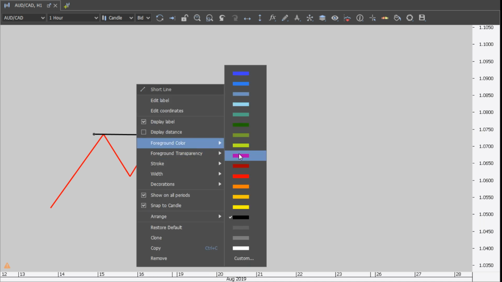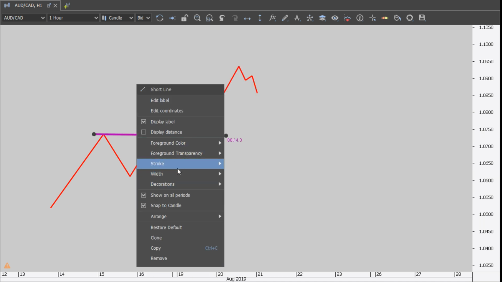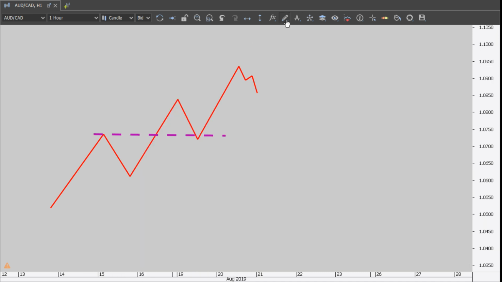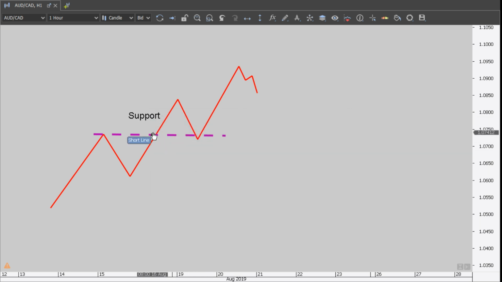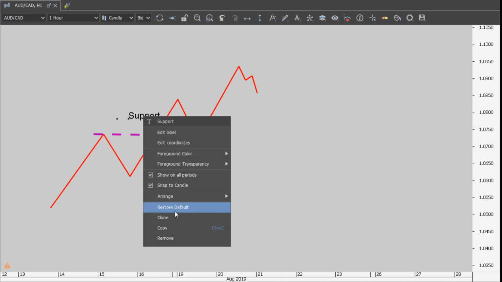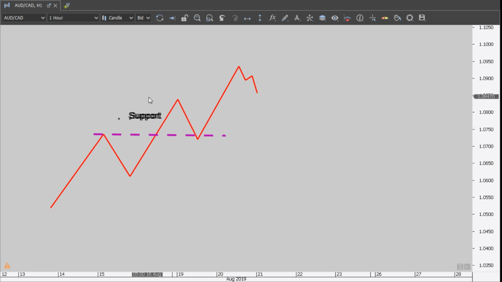Okay, let's color code this like this and like this and like this. So this is support. Okay, so in an uptrend, support. In an uptrend, the market is most likely going to reverse, going to respond or react.